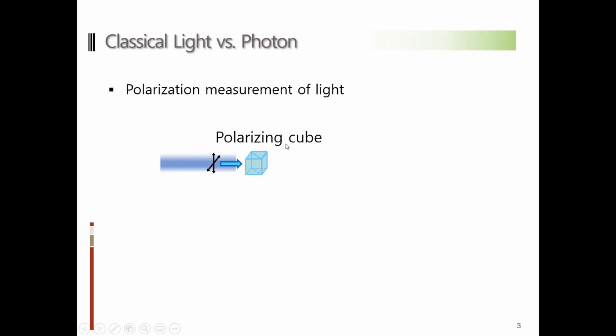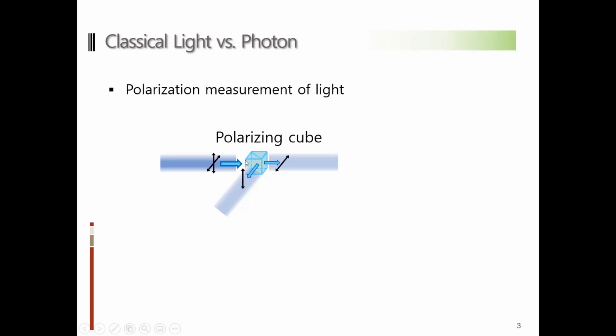So this polarizing cube does the kind of measurement work. And then if we start with some 45 polarization or diagonal polarization, then half of the power will be transmitted, because we know that the diagonal polarization is the equal superposition of horizontal polarization and vertical polarization.